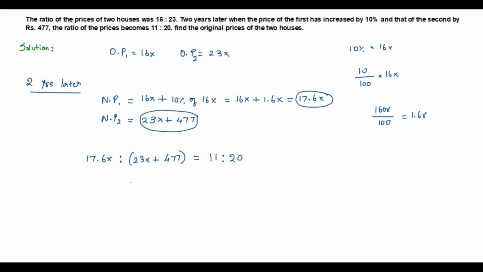To solve for x in this equation, we have to write both the ratios as fractions. So 17.6x divided by 23x plus 477 is equal to 11 divided by 20. Now let's do cross multiplication to solve for x. I'm going to multiply 17.6x by 20 and 11 by 23x plus 477.